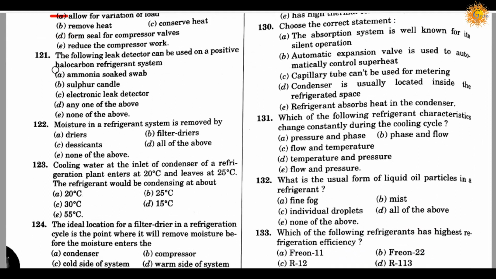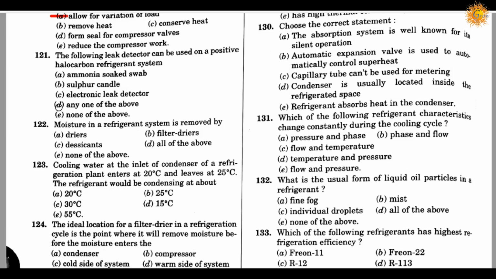Question number 121. The following leak detector can be used on a halogenated hydrocarbon refrigerant system: option A, ammonia soaked swab; option B, sulfur candle; option C, electronic leak detector; option D, any one of the above; option E, none of the above.